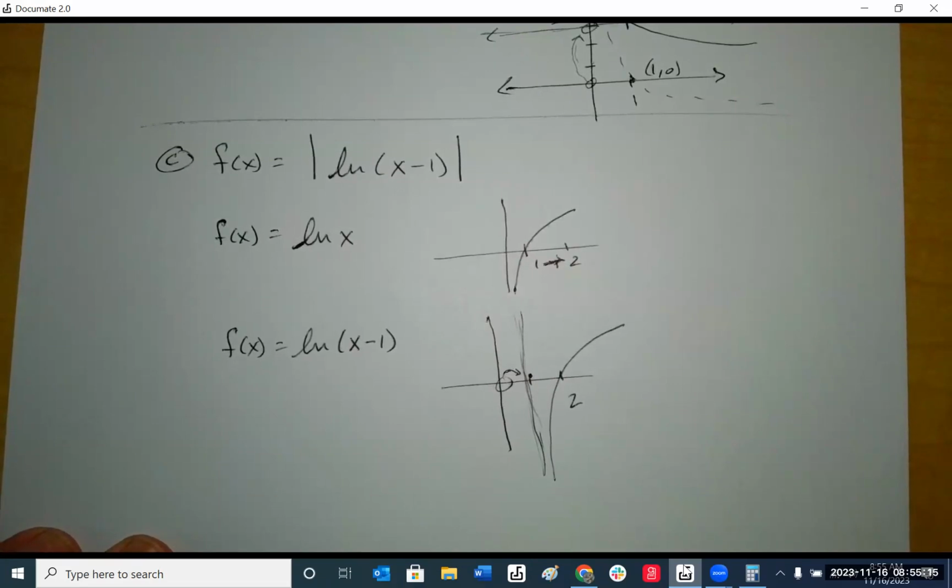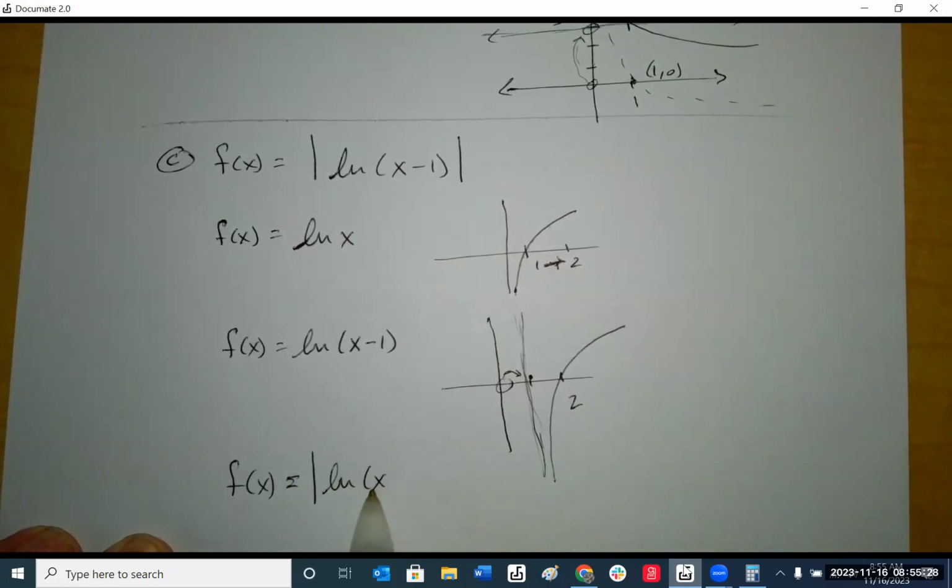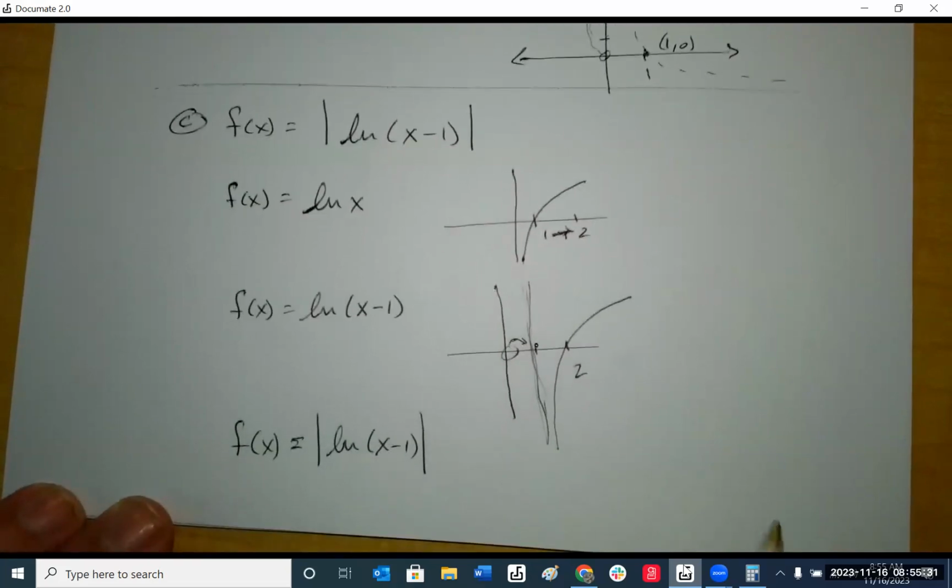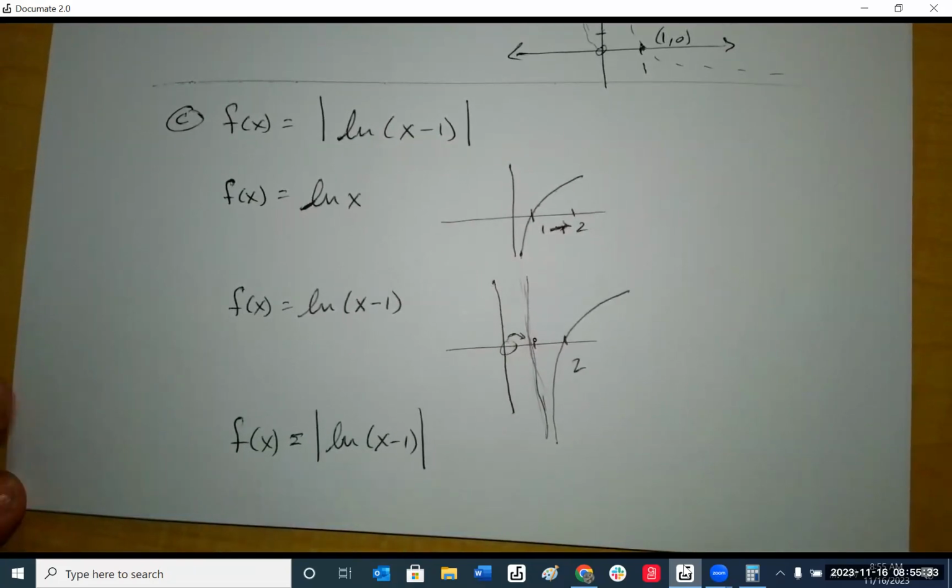Now comes the interesting part. Now I put the absolute value around it. What does absolute value do in general? Makes it positive. So I cannot have any negative answers.